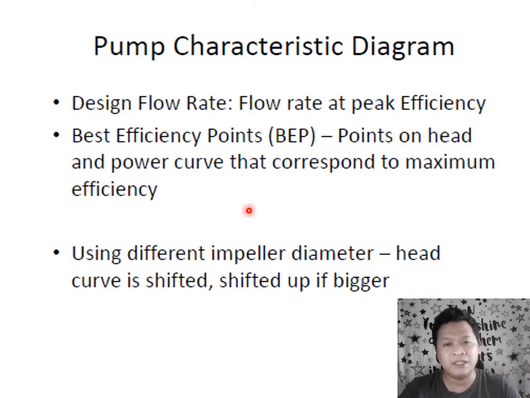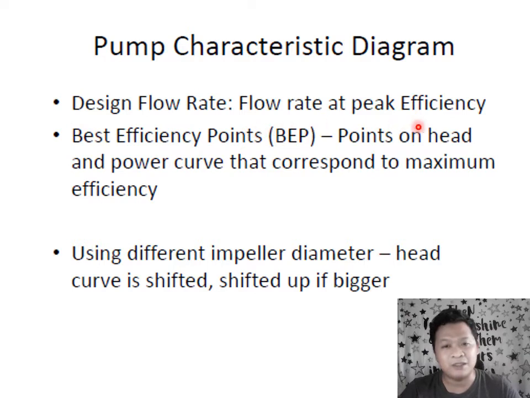So again, let me stress that a pump is designed to operate at near peak efficiency. So you can push it up faster or way slower than sa peak efficiency, but then again, magsasayang kayo ng energy, which is usually kuryente ang ginagamit.